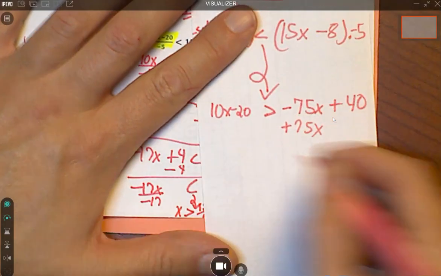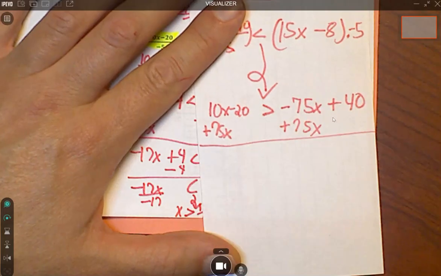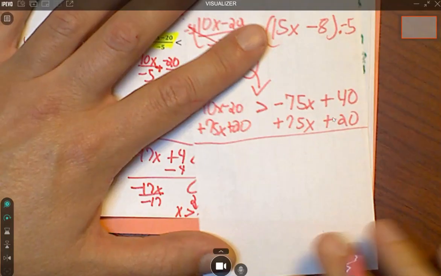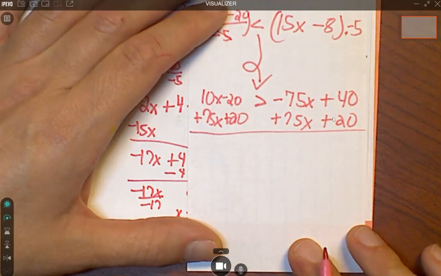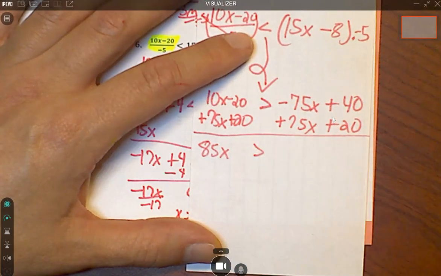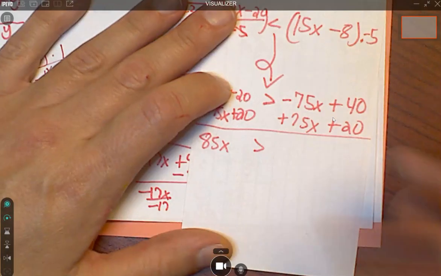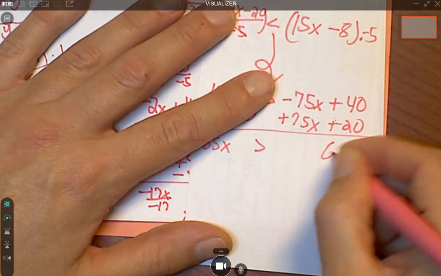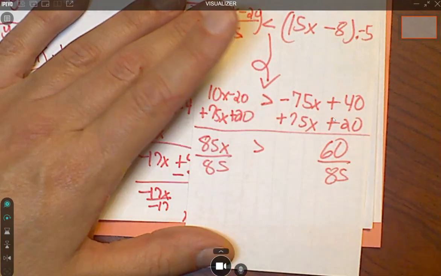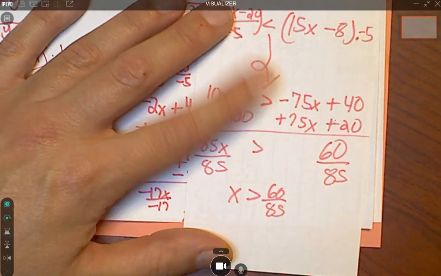Look at these ginormous numbers you're working with. Since I'm running low on time, I'm going to do... I always liked the shortcuts as a kid. So we got 85x. This is the only problem with you not noticing that you could have divided, is you're dealing with these giant numbers. Both of these aren't even, so I understand why you struggled simplifying them.